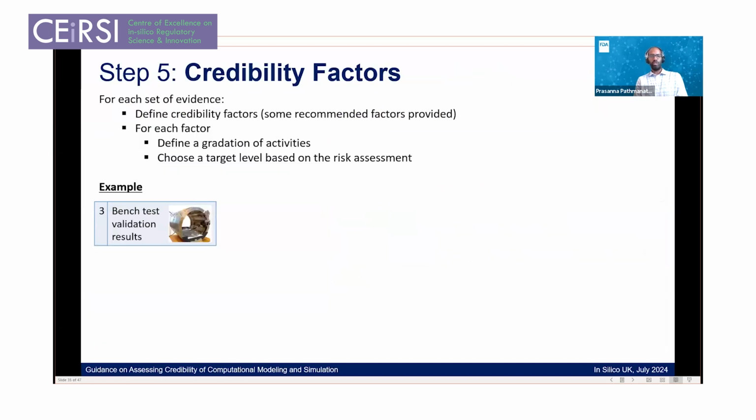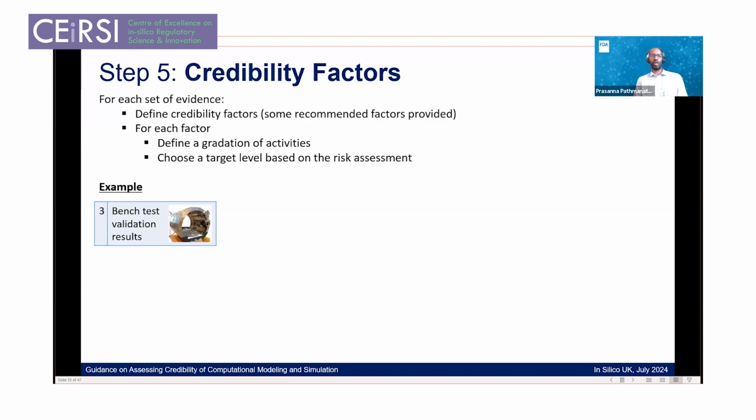Then after choosing what validation is going to be, and what credibility evidence is going to be collected, the guidance basically says to follow V&V40, or at least follow the V&V40 paradigm. So it recommends defining credibility factors that are appropriate for the evidence that's been submitted.